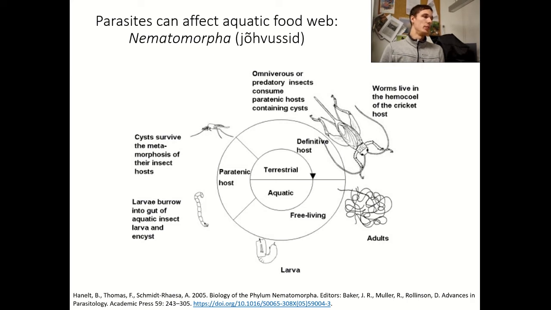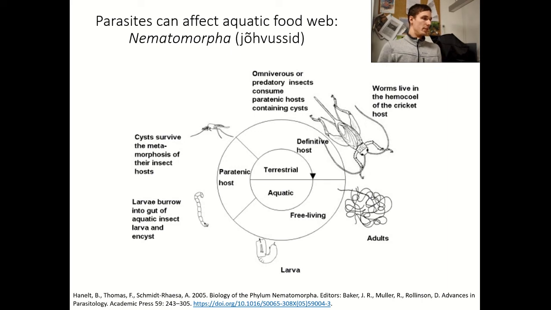Here you can see the life cycle of parasitic nematomorpha, also known as the horsehair worm. As adults they are free living in aquatic habitat. After mating there will be larvae that get into an aquatic invertebrate. There it then cysts, and the cyst survives also the metamorphosis of the aquatic invertebrate.